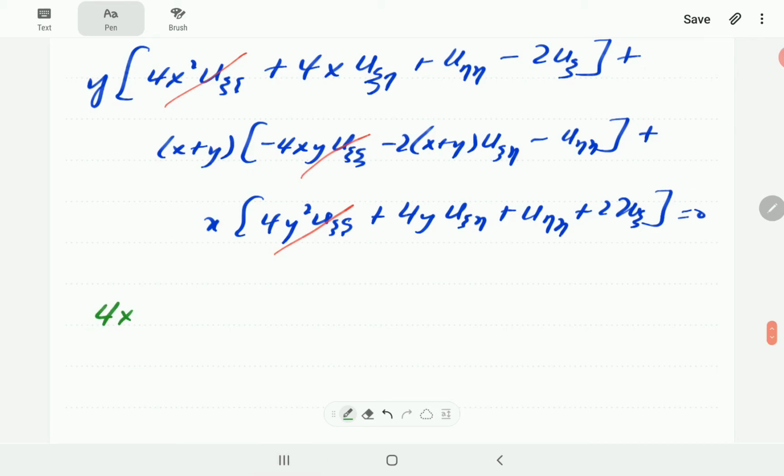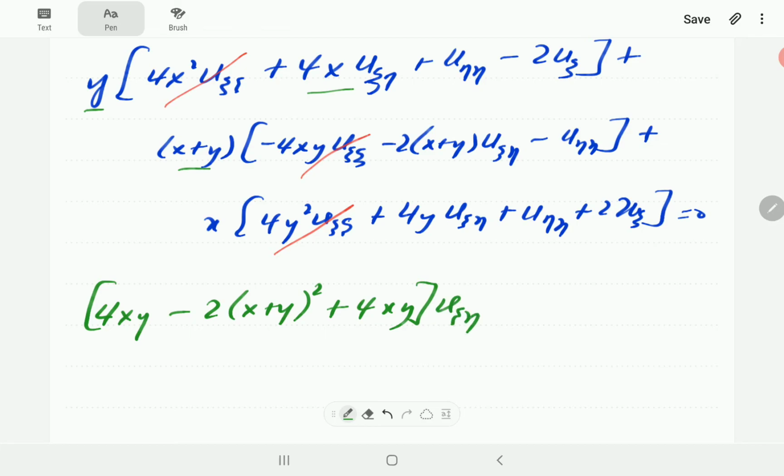So there is 4xy from here, minus 2(x plus y) squared from here, plus 4xy from there. This is all times u_xi eta.